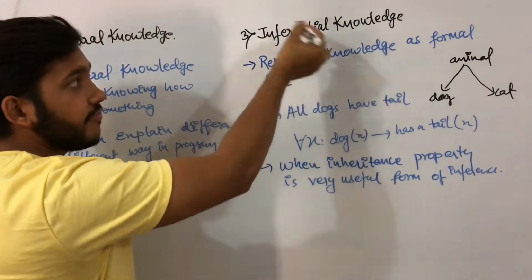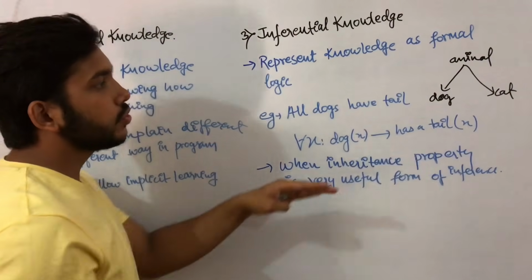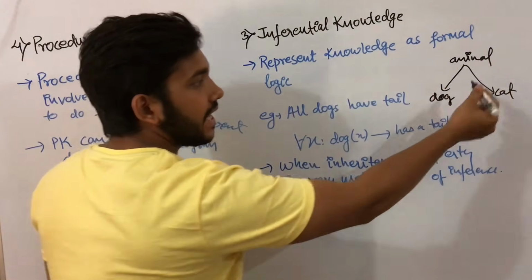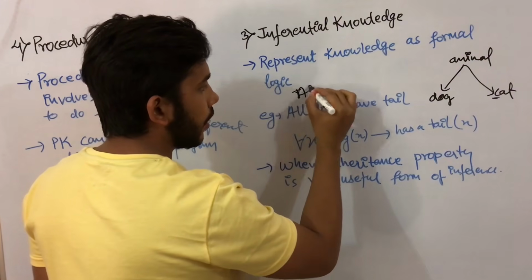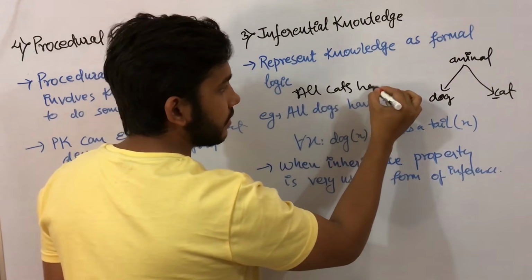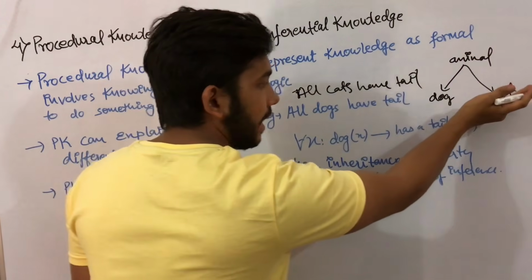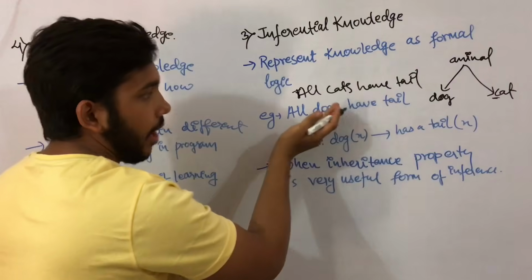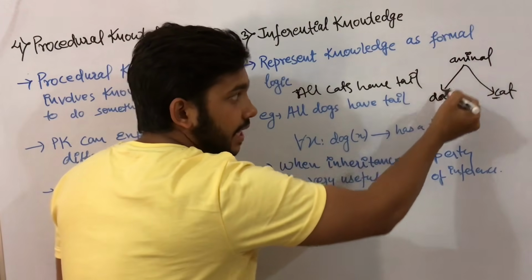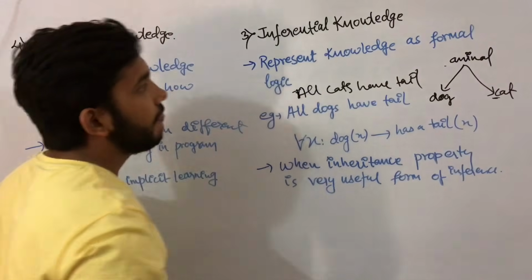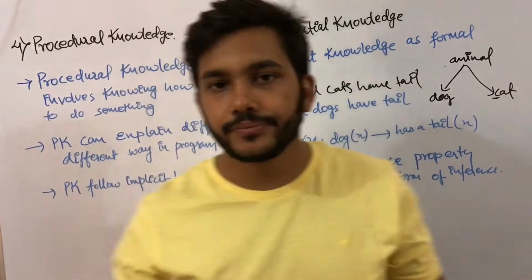So if all cats have a tail, it can be derived that all dogs will also have a tail because they belong to the same animal family. So this is the third approach, inferential knowledge.